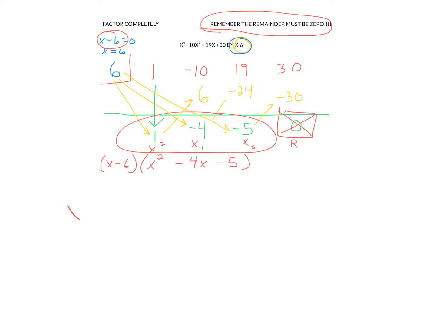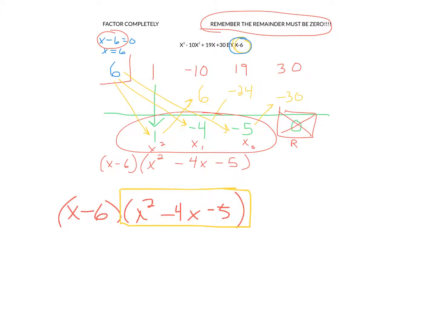Okay, so we now have x minus 6 with our x squared minus 4x minus 5. Okay, now this piece right here, we can factor this. That's the whole point. We know how to factor this using either the PS2 or the slide, something like that.